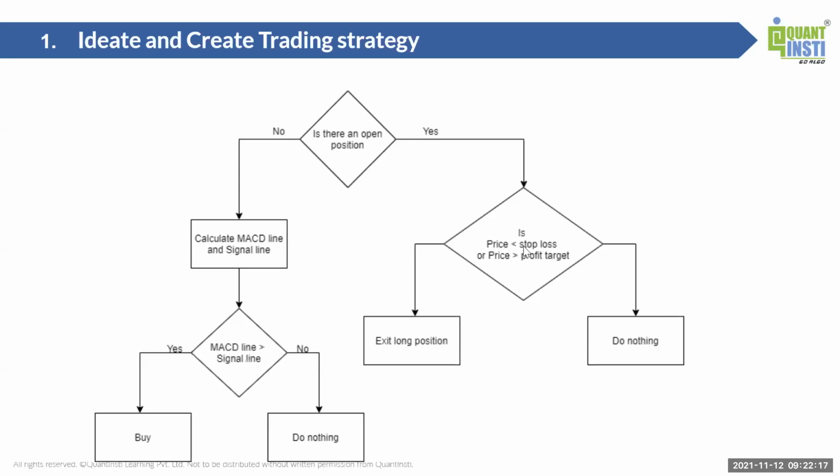And then you check whether it is less than the stop loss. Now, I would say that since it is 2%, did the price go to $98? Or if it is $96, which means it is less than the stop loss, so you would exit the position. Or if it is 4%, if it went to $105, which is above our 4% profit target, you would exit it and book the profit. Otherwise, you do nothing.